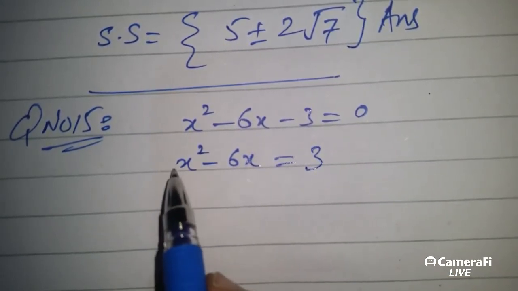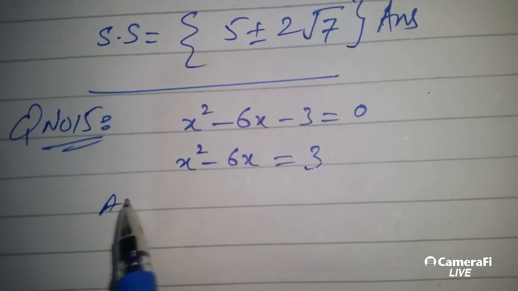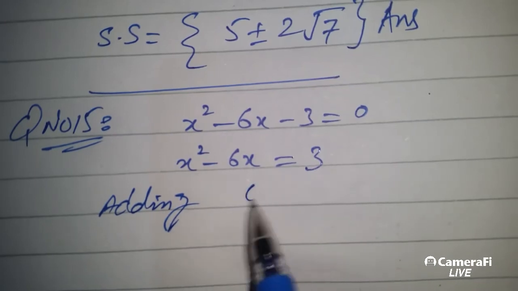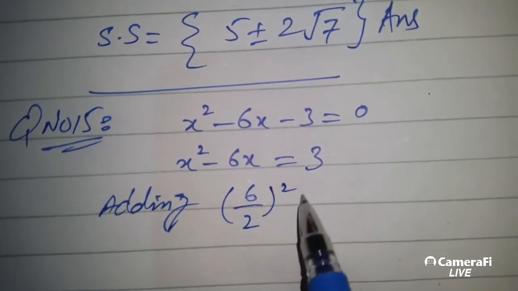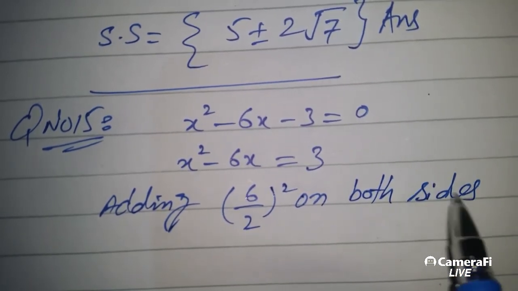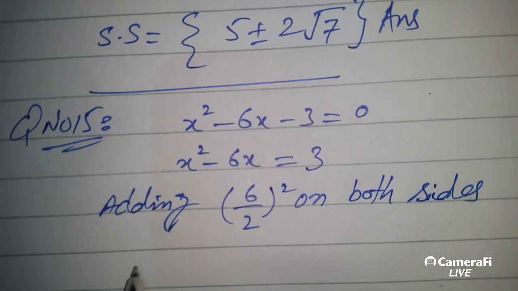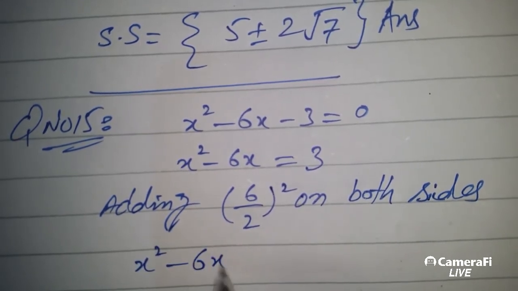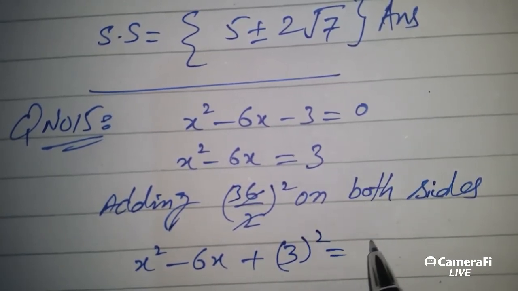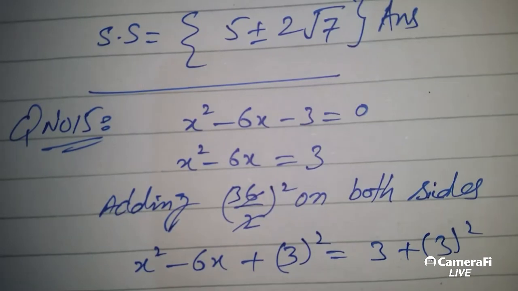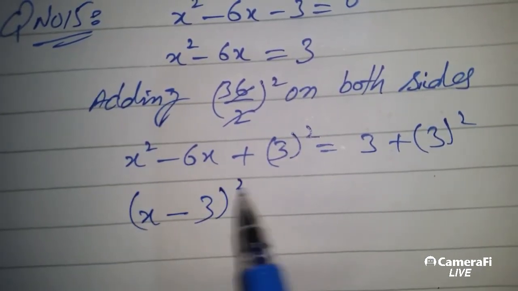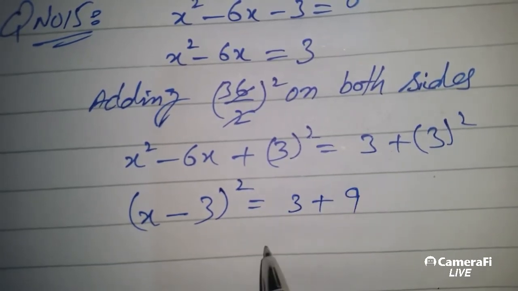Here the coefficient of x square is 1, so I can just add half of this, adding (6 by 2) square on both sides. That is 3. So the square of 3 is added on both sides. It becomes (x minus 3) whole square. 3 plus 9 is 12.